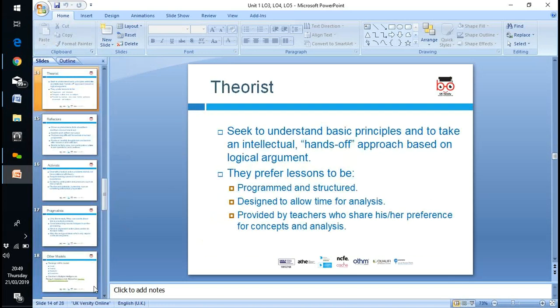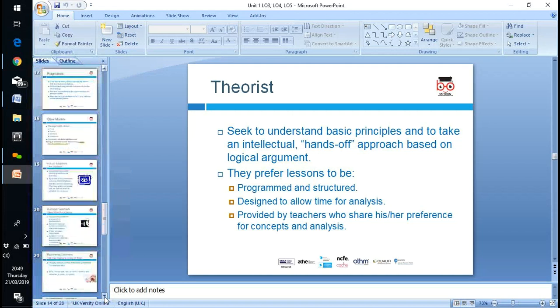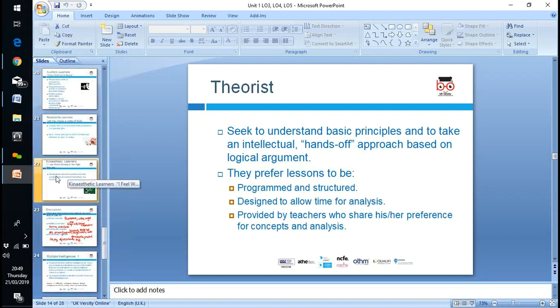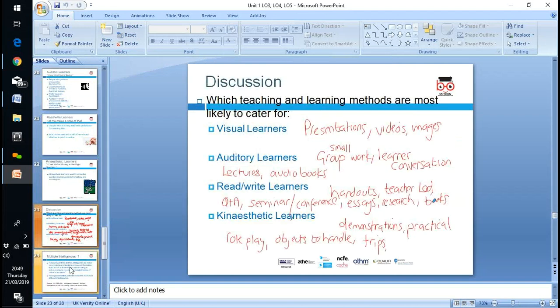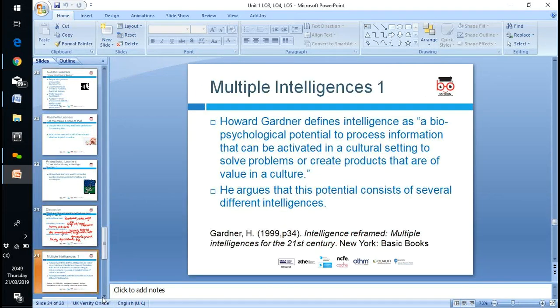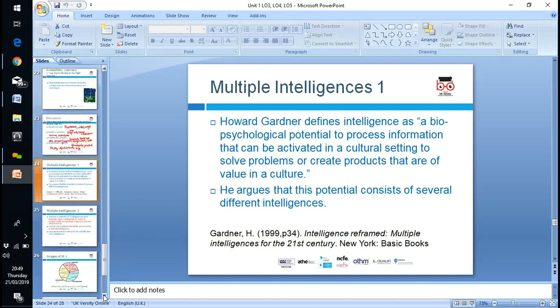So we move on to learning styles. So should I talk about the different learning styles in this as well? You'll be able to mention that because it asks certain questions on how you're actually meeting the needs of all your learners. All your learners will have different learning styles.